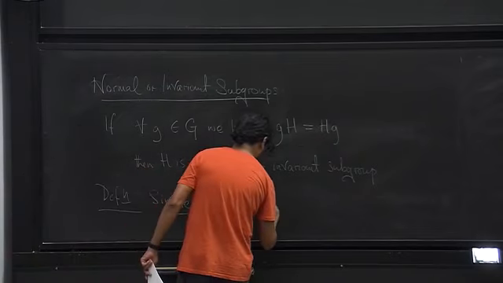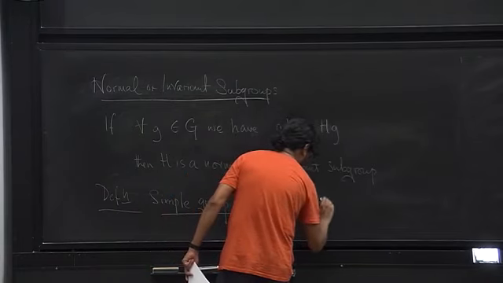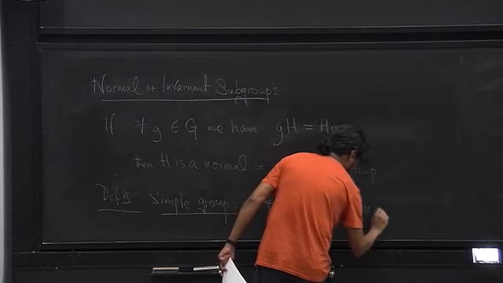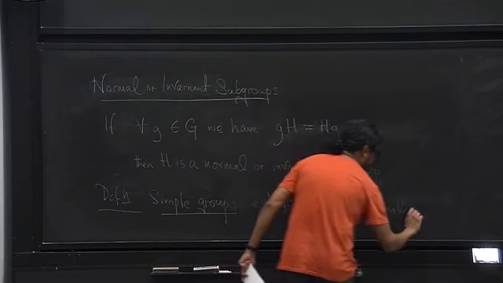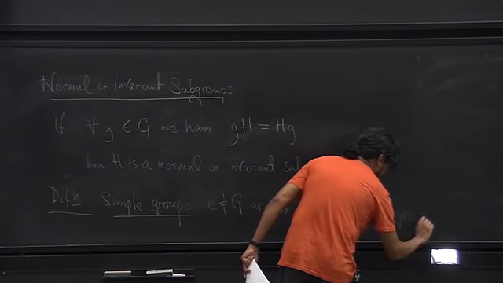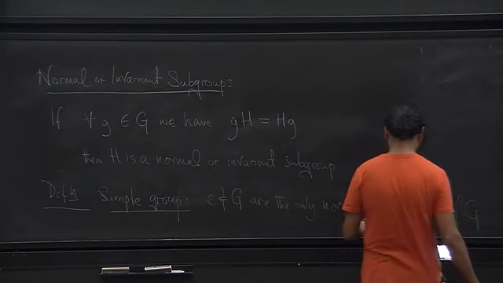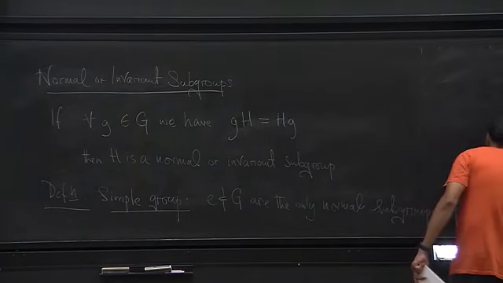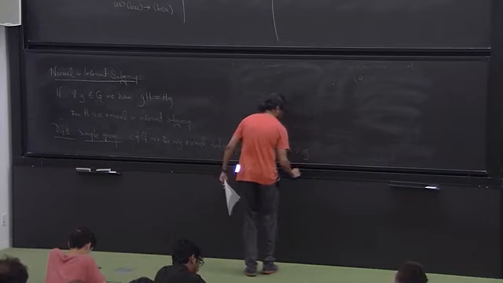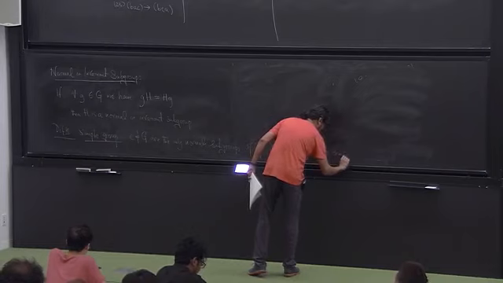If E and G are the only normal subgroups of G, then we say that G is simple.